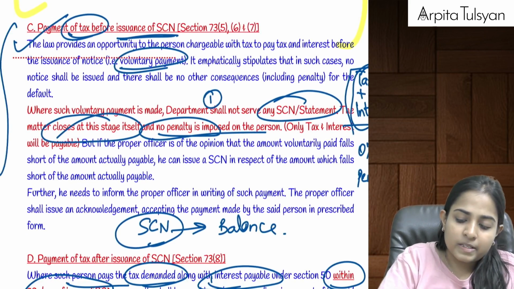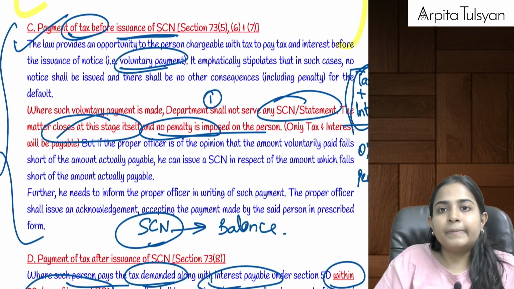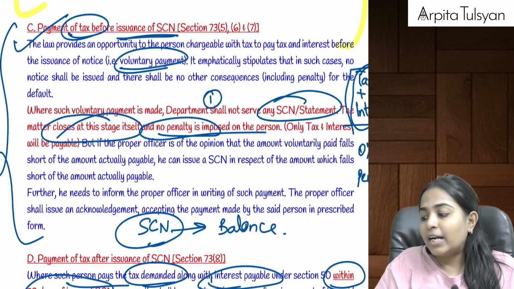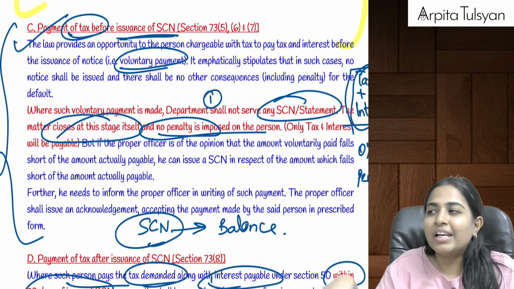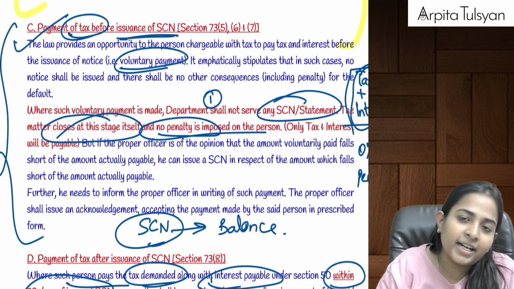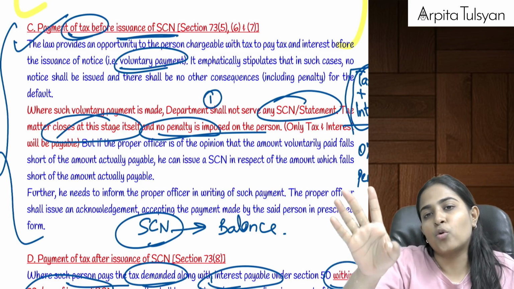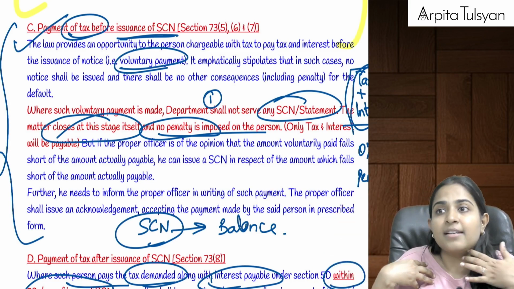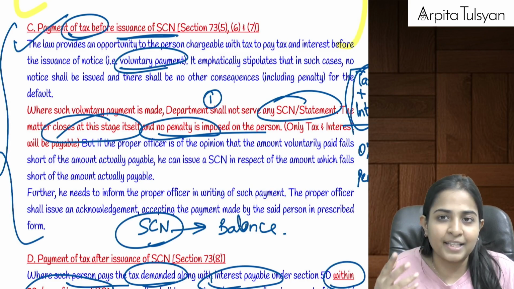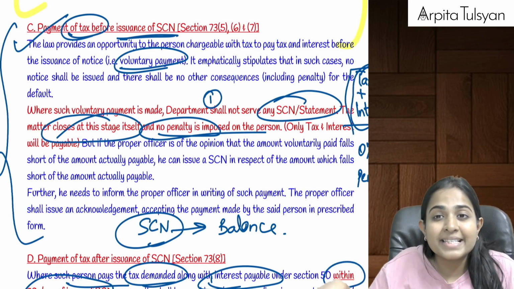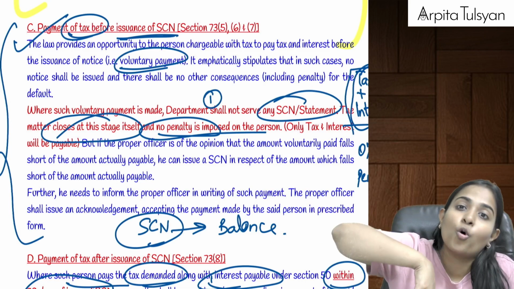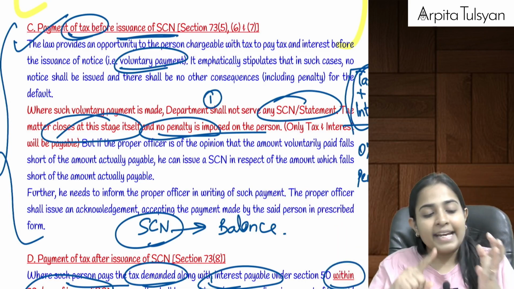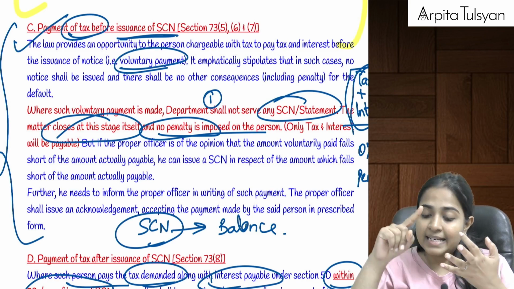Okay, now listen, just try to understand. Whenever any of these 5 cases come, I had told you that the proper officer will informally inform the taxpayer that I am going to issue a show cause notice on you for this tax amount. So if the taxpayer feels that this was my mistake, I should pay the amount, and pays it before issue of show cause notice, then he has to pay the tax plus the interest.